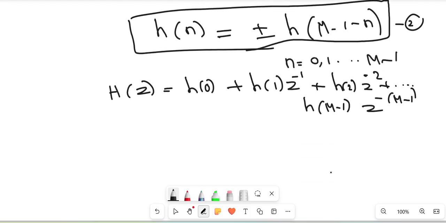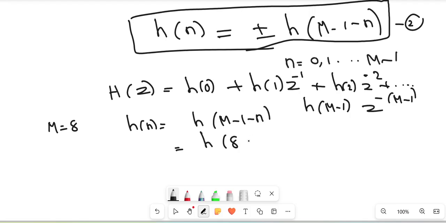If you see the symmetric condition, for example, M is equal to 8 you will take. What is the symmetric condition? h of n is equal to h of M minus 1 minus n. So, for example, h of 8 minus 1 minus n, which is equal to h of 7 minus n. If you substitute n equal to 0, then h of 0 will be h of 7.